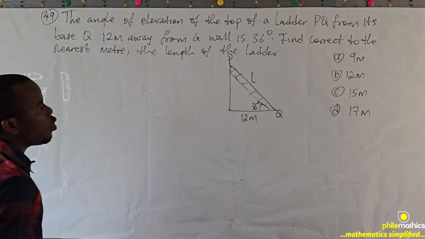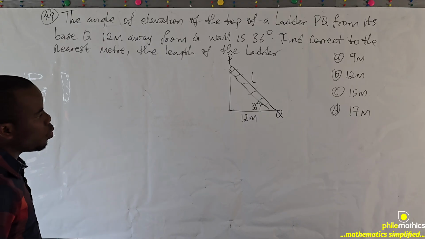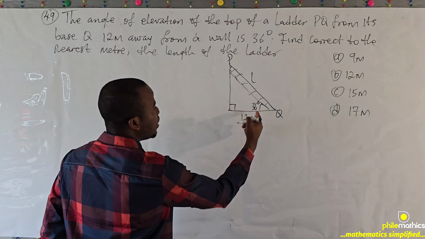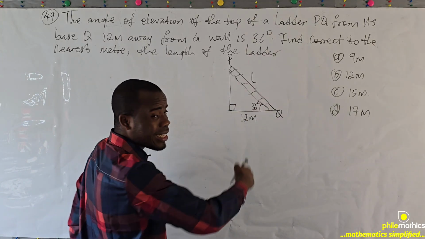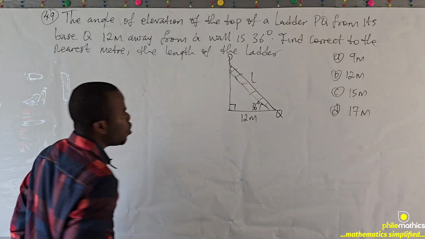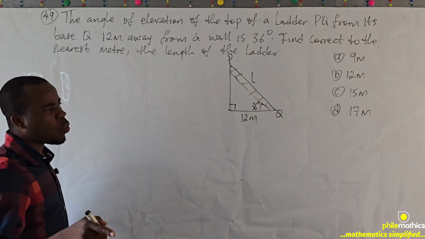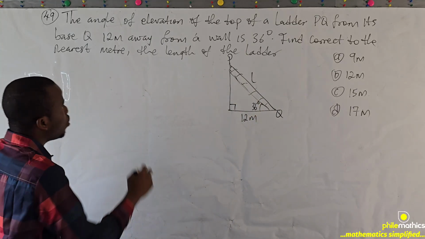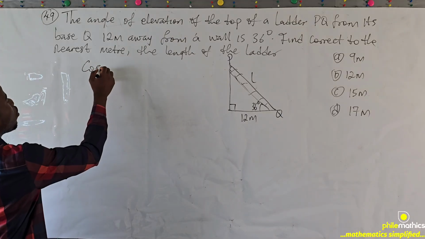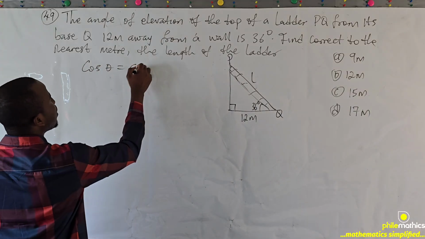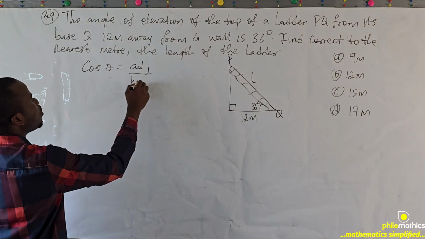And so from trigonometric ratio, we know the angle, we know the adjacent, we are looking for the hypotenuse. What comes to your mind from SOHCAHTOA will be cos, because cos theta is adjacent over hypotenuse.